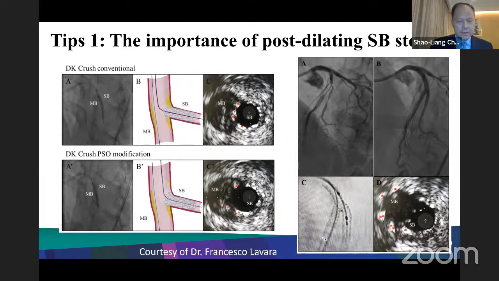This is why we need to do one more optimizing of the side branch stent using another non-compliant balloon. According to the study I was studying, you can see after optimizing the side stent, the LAD stent was expanded very, very well.